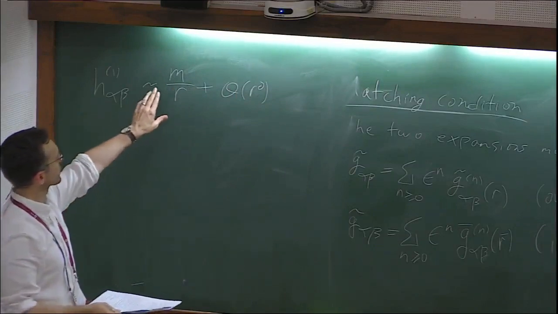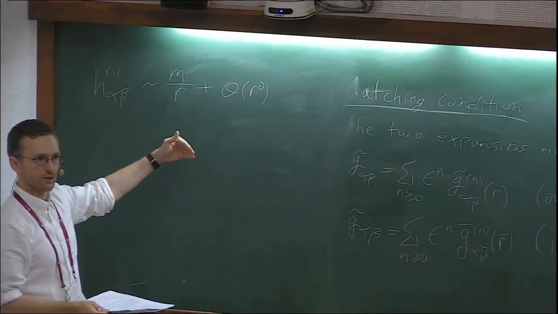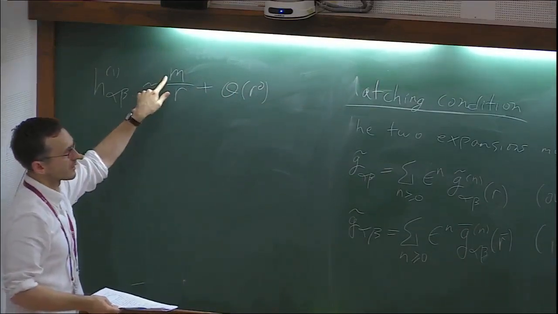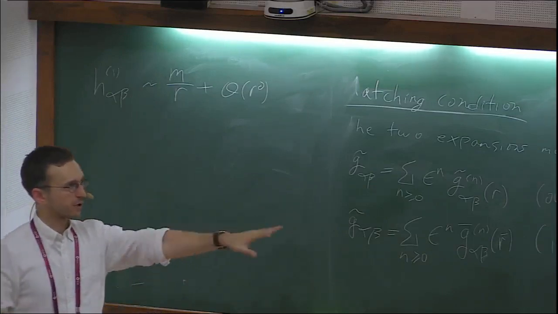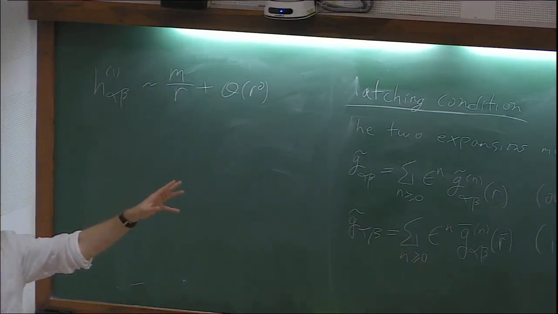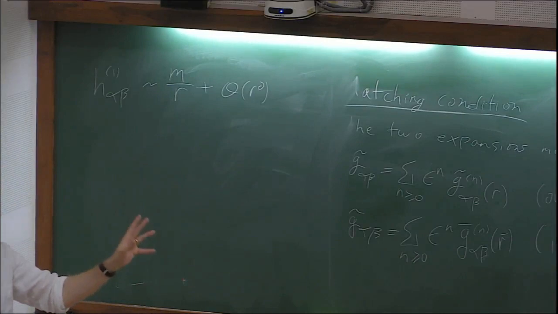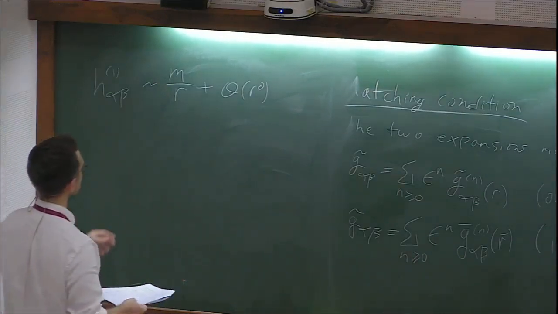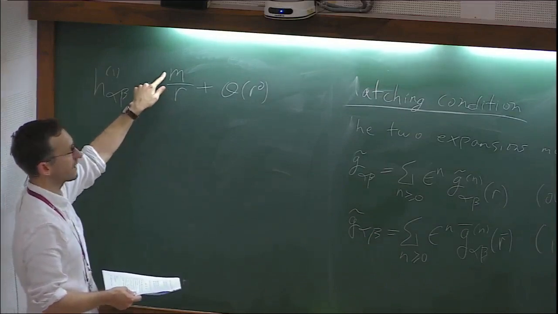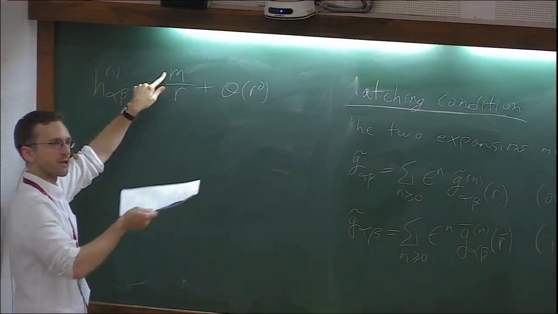So this is the dominant behavior as we get to small values of r. And this mass is the mass we define from the multipole moments of the object's metric. If you've learned about ADM mass, it's the ADM mass of the metric g object.